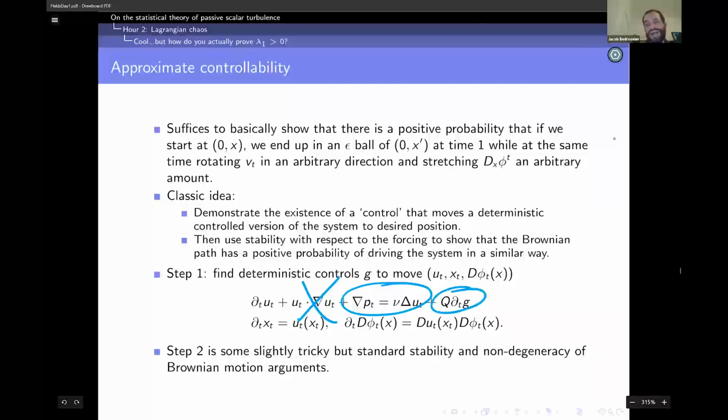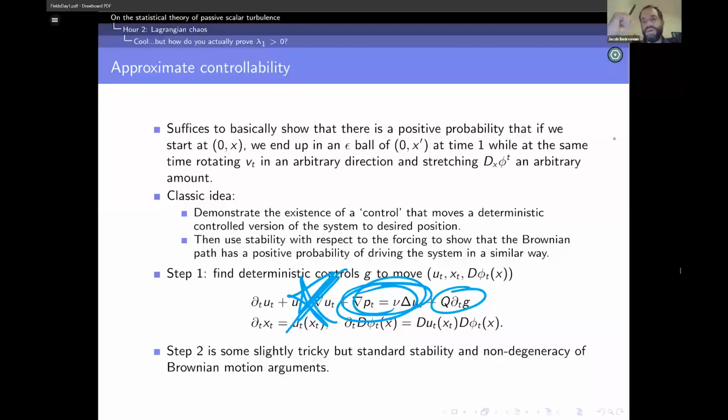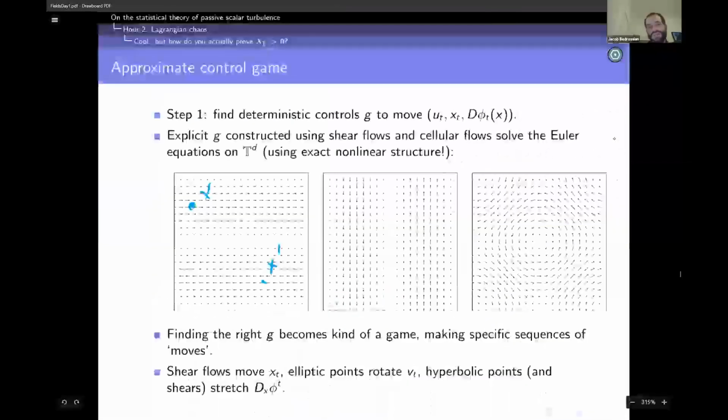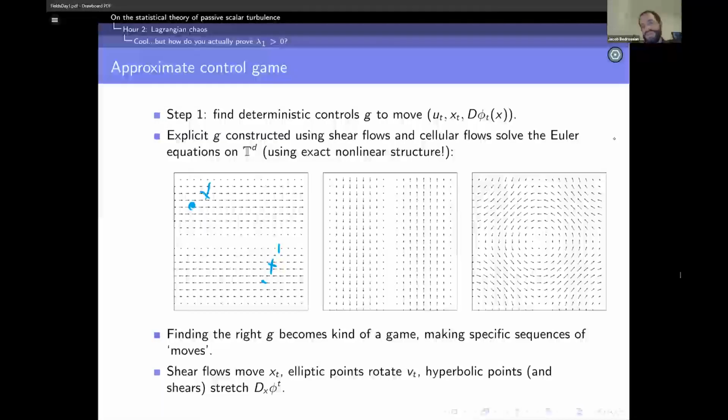So if you force exactly on eigenmodes of the Laplacian, you don't need to worry about the nonlinearity because they're stationary solutions for Euler. And your solution will evolve exactly as an eigenmode of the Laplacian. And so you can solve this control problem by just using translations of these flows. So you don't need to use high frequency anything. That's completely irrelevant at this step.